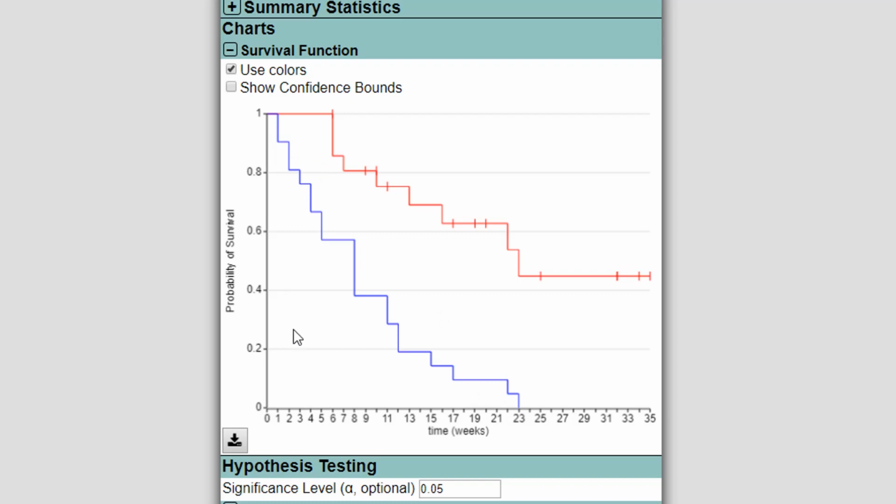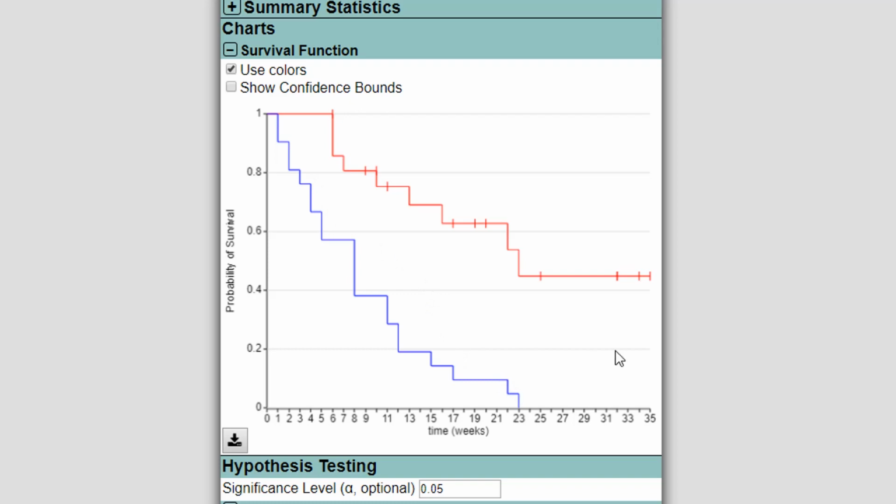You can see that at 6 weeks, we still hadn't had any remission in the treatment group, and in the placebo group it looked like only 80% of the patients remained, and so forth.